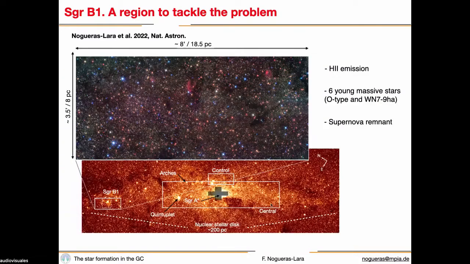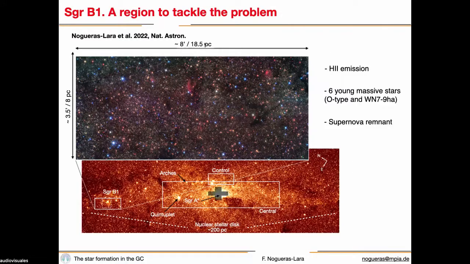Just to let you know where we are, this is the nuclear star cluster, Sagittarius A star, and if we go a bit less than 100 parsecs away from the galactic center towards the east, we have the Sagittarius B1 region within the nuclear stellar disk. And this is the region that we studied. But why Sagittarius B1? The first thing is that here we have H2 emission, so we have ionized gas.